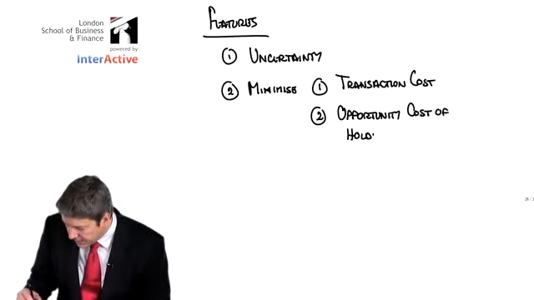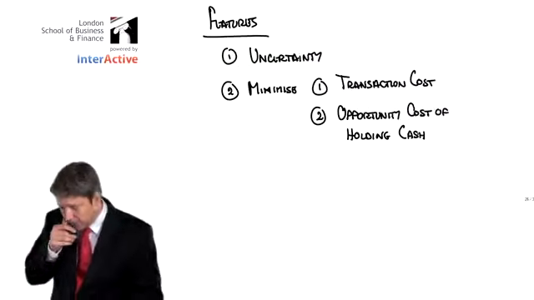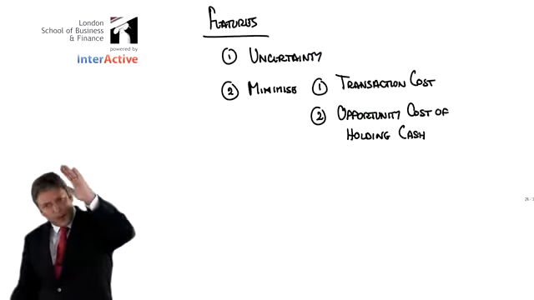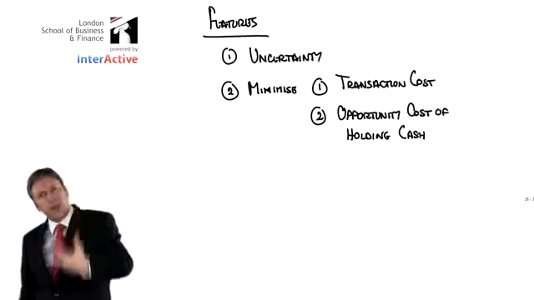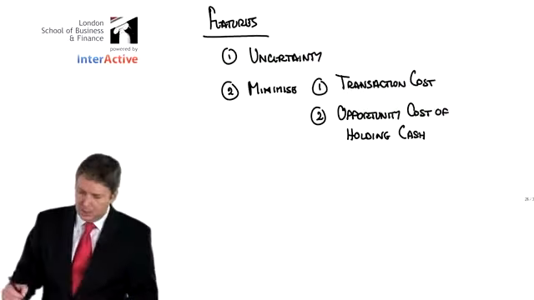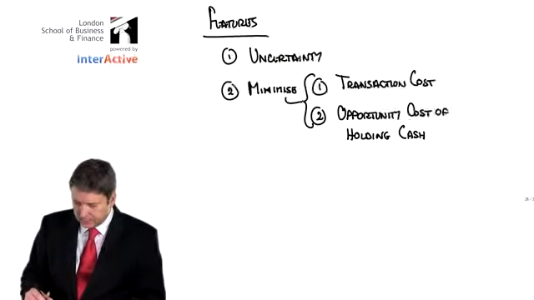Please remember this, because of course, if the opportunity cost of holding cash were to rise, you know, the percentage daily interest rate, we would find that the spread gets smaller. If it were to fall, it would get larger. And that's the sort of question that the examiner wants you to talk about. So, we're minimizing the sum of these two here.